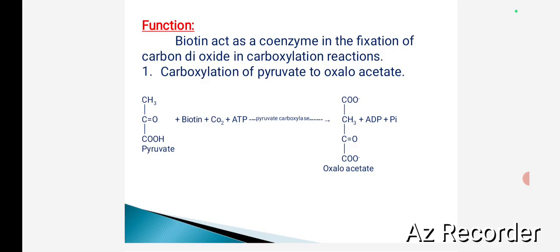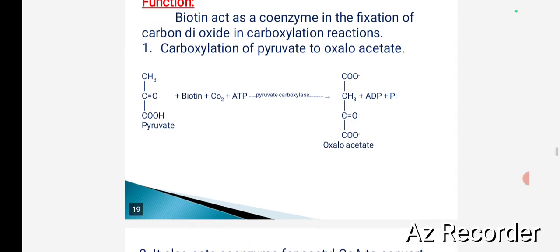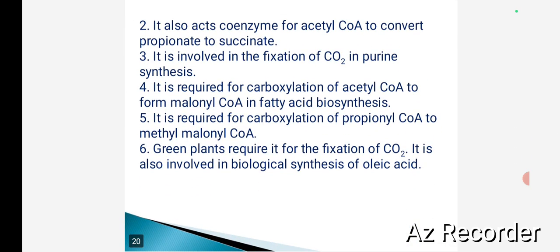First example, pyruvate reacts with biotin and carbon dioxide in the presence of ATP and pyruvate carboxylase enzyme to form oxaloacetate. Next example, it also acts as a coenzyme for the conversion of propionate to succinate.